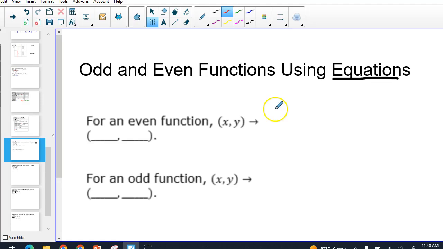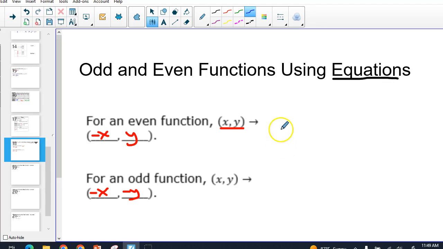So when we were working with tables, we learned that for an even function, if we have an x and y value, then our negative x value has the same y value. And when we're working with odd functions, if we have the opposite x value, we have the opposite y value. What we're going to want to do is transfer this into function notation.